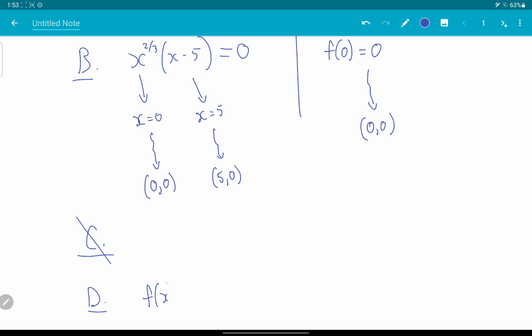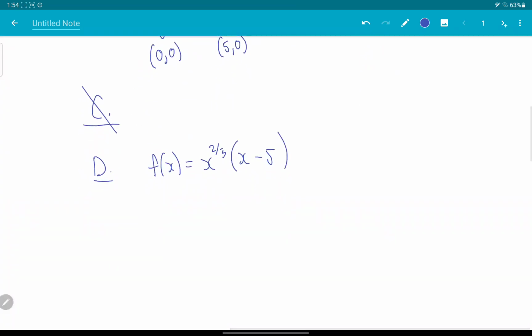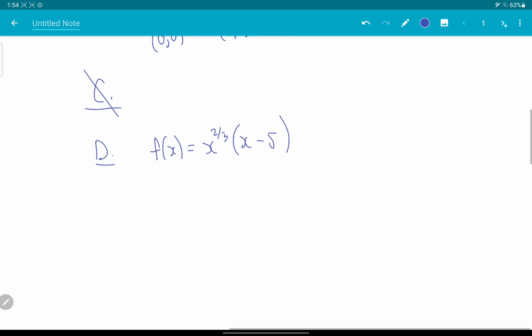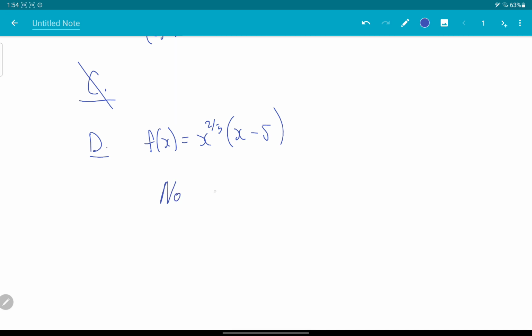So f of x is equal to x to the 2/3, x minus 5. Now, this function never shoots up to infinity or down to minus infinity. There's no chance of a division by 0. So we'll write that.